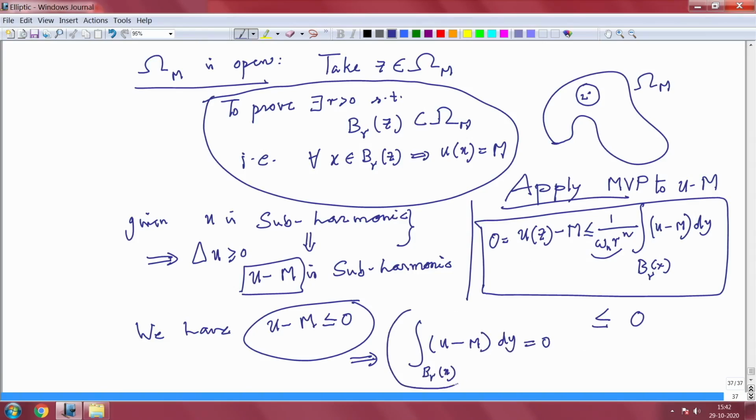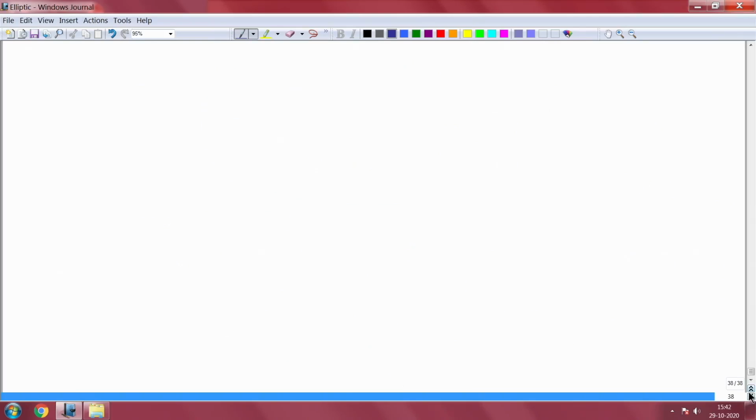So how do you prove this integral is negative? That is one more step. Here you use a result. Maybe if you are not familiar, prove this, a simple exercise.